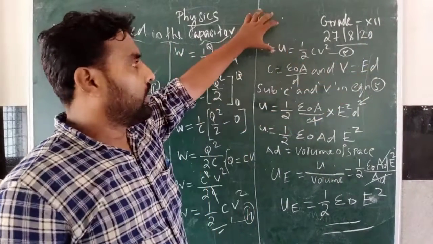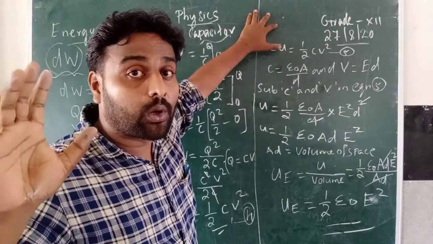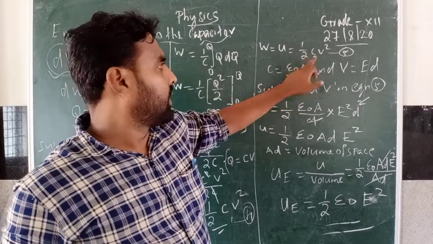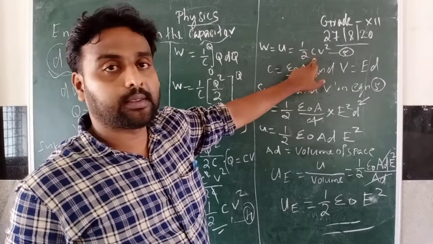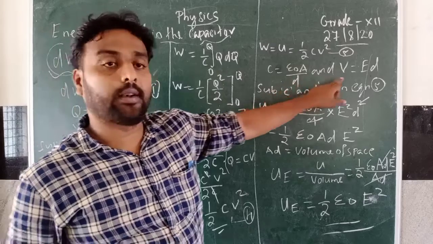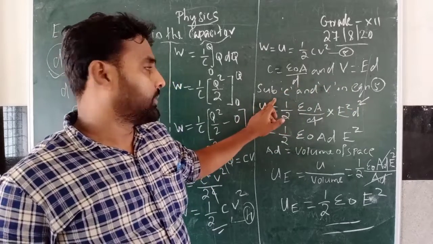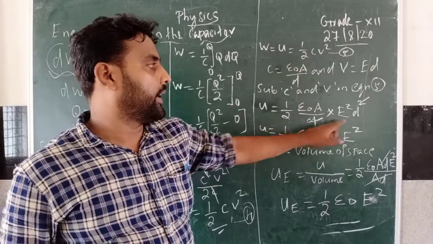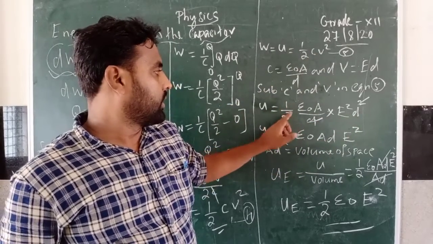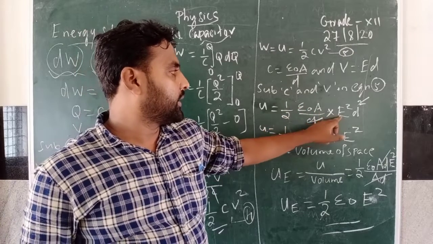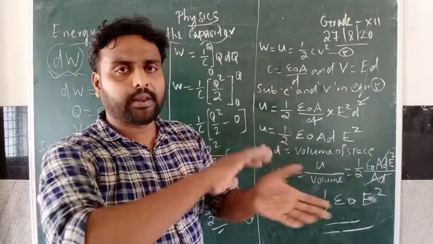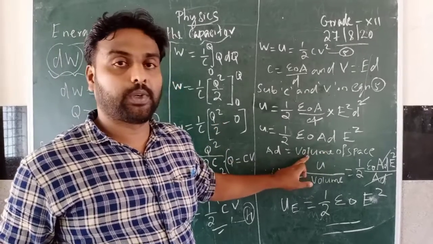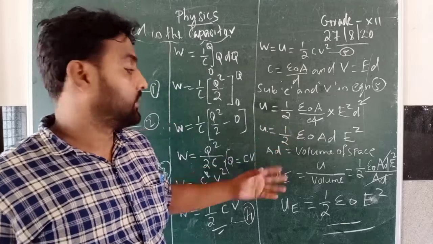Now work done is equal to the stored potential energy. Now rewrite this equation using C is equal to epsilon 0 A by D and V is equal to ED. Substitute C and V in equation 5. So D cancels. What do you get? 1 by 2 epsilon 0 A E square D. I rearranged this to keep AD, which means volume of space, area into distance.